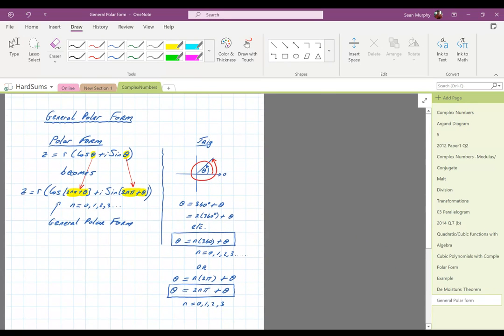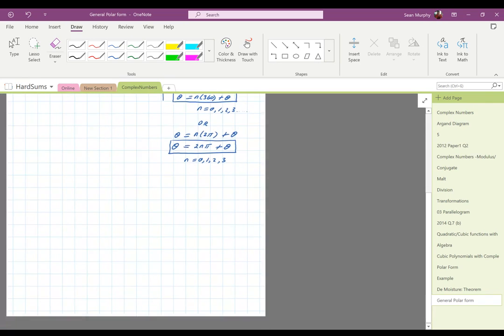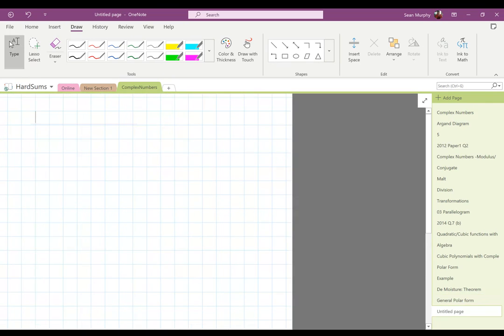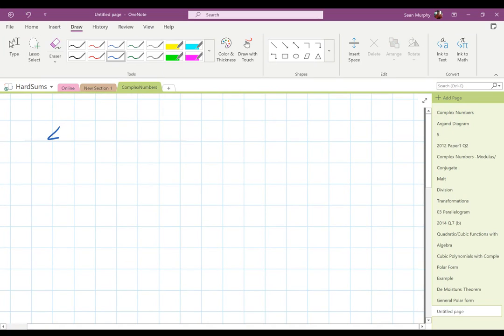So let's start off with an example. So the example could be z cubed is equal to 1 plus root 3 i.